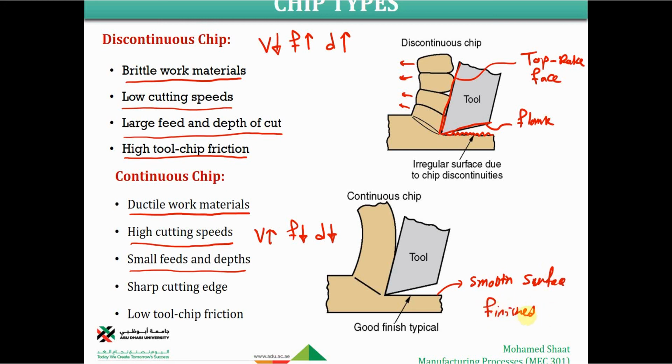Finished means that it is machined, not a rough surface. This happens as we increase the speed and decrease the feed and the depth of cut, and the tool edge is sharp, and low tool-chip friction will result in this case. So that's why it is recommended over the discontinuous chip.